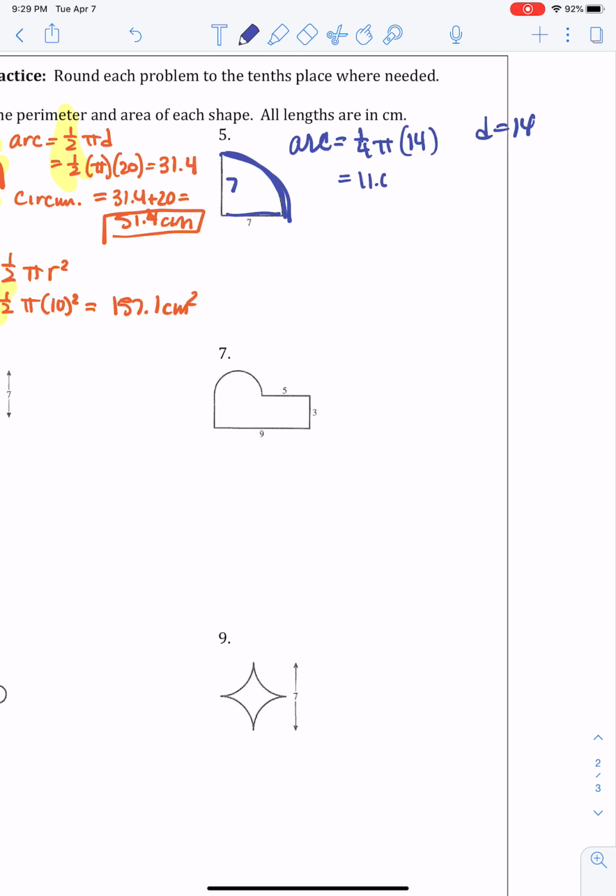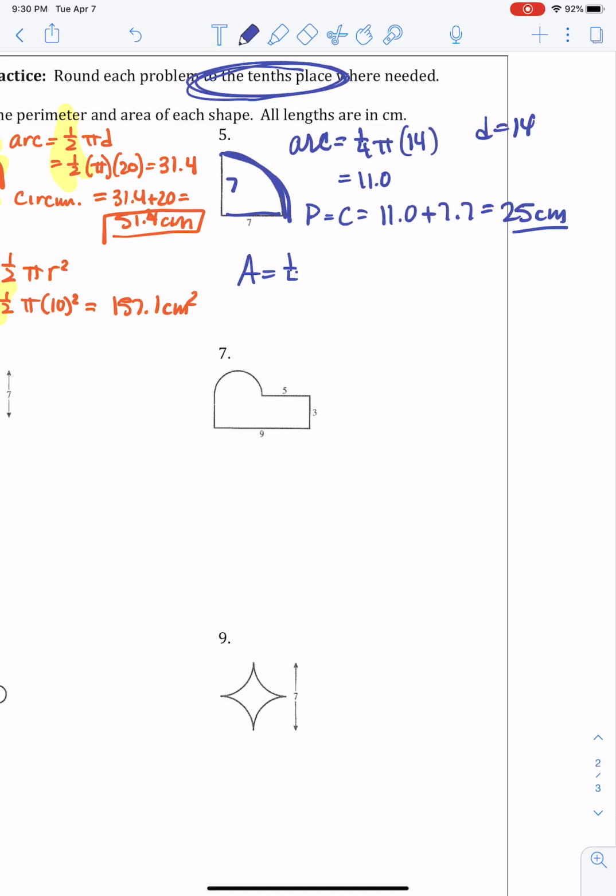That is 11.0. Remember, we're all still doing to the 10th place. That means that the perimeter, or the circumference, equals 11.0 plus 7 plus 7, which comes out to be 25 centimeters.